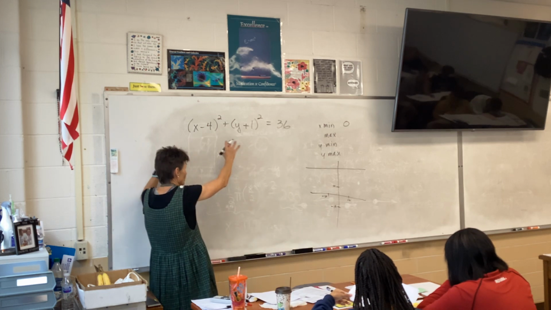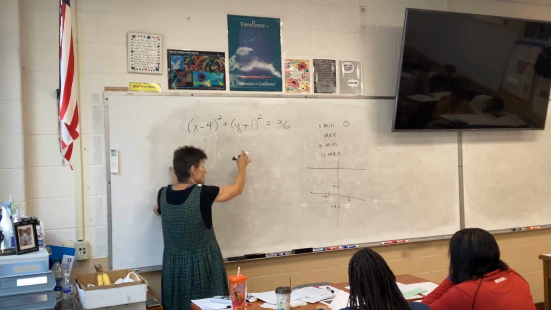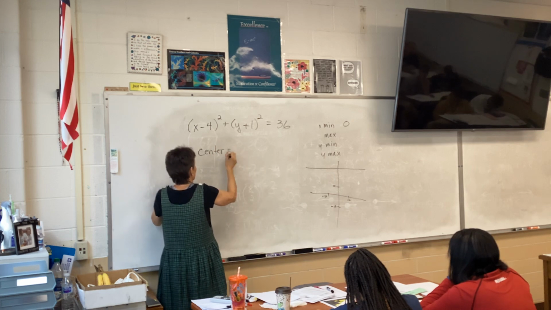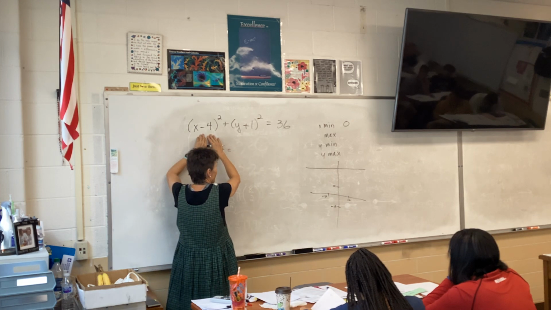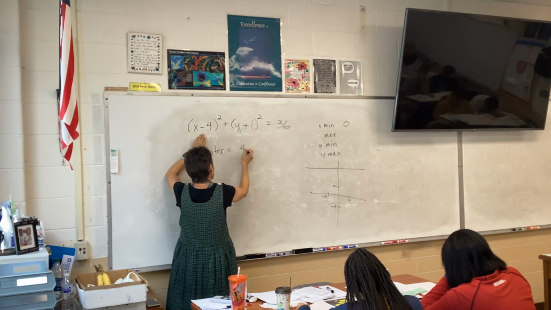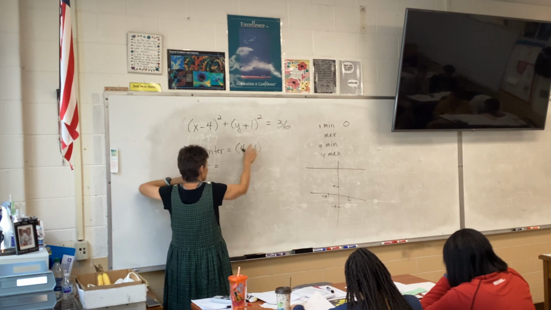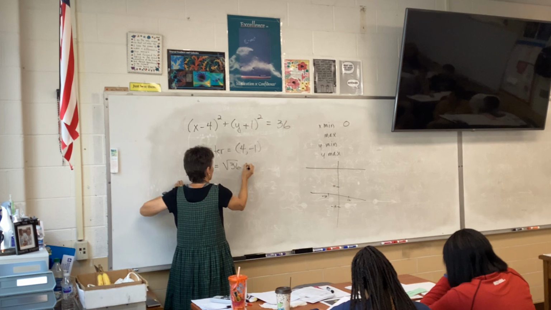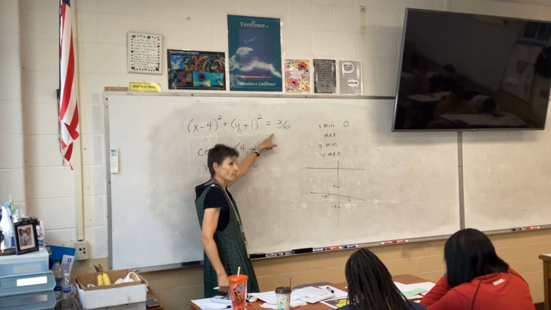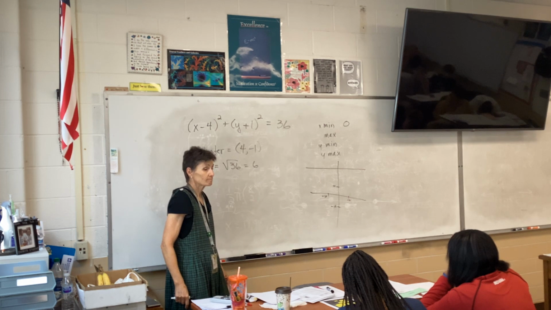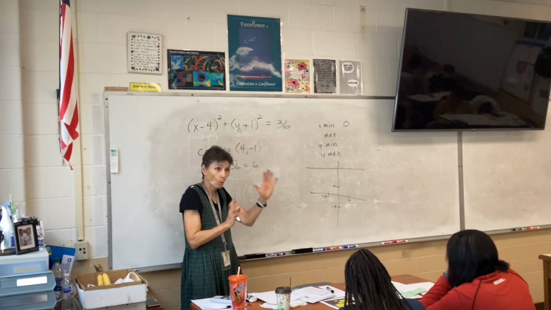And when it looks like this, then we know our center is where? (4, -1). And we know our radius is the square root of that number? 6. Everybody remember that? That's kind of old news.